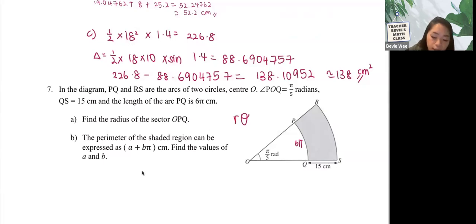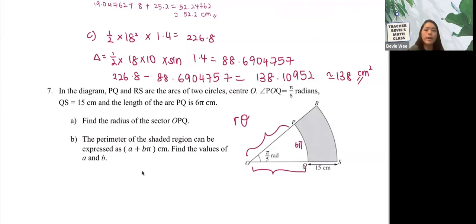Okay, everyone, help me find OQ, OP, the radius first. One minute, quick one. Very good job. Well done.